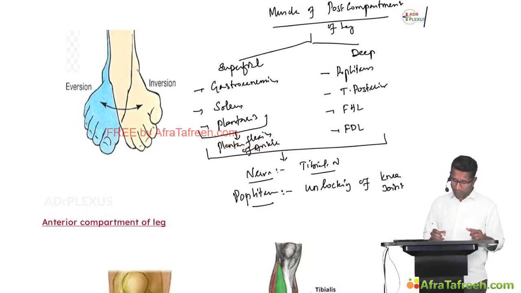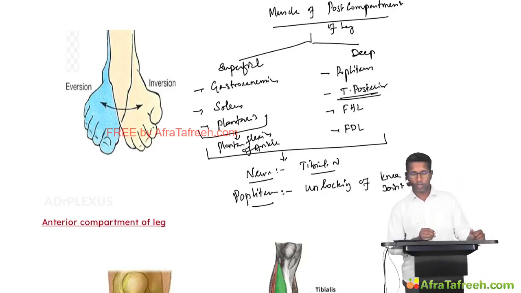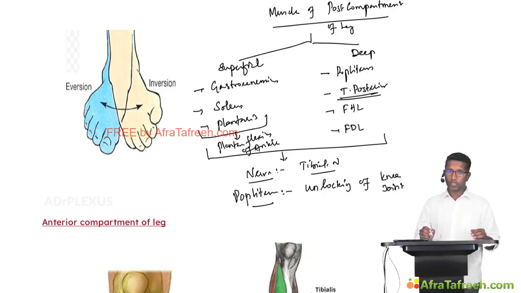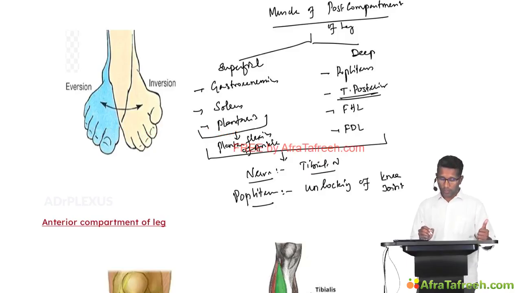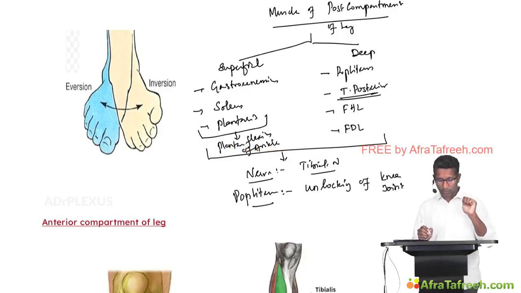I think we have seen well about the tibialis posterior muscle. What is its function? It causes inversion of the foot. Flexor hallucis longus causes flexion of the great toe. Flexor digitorum longus causes flexion of the other toes. I hope you are clear with this.